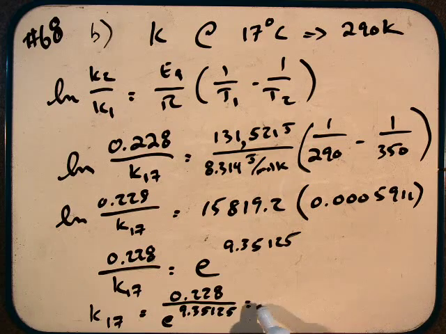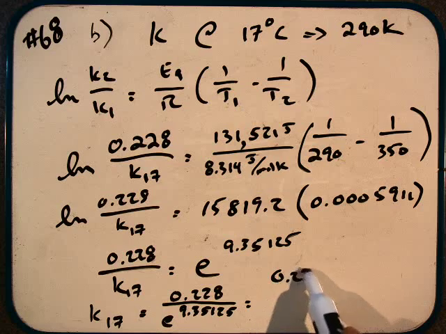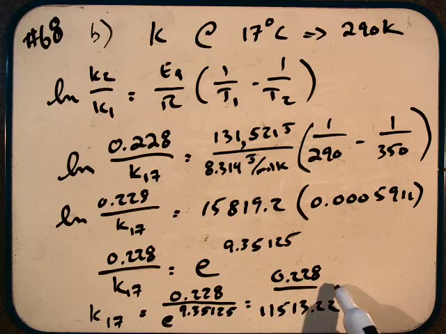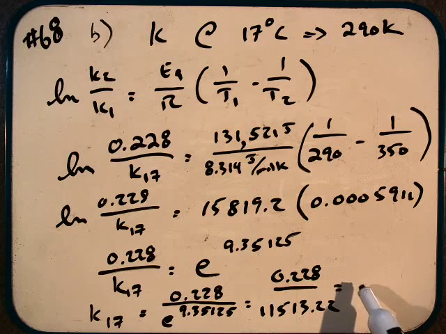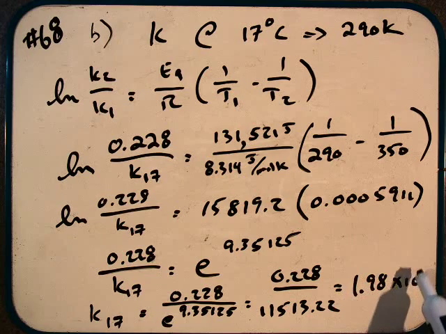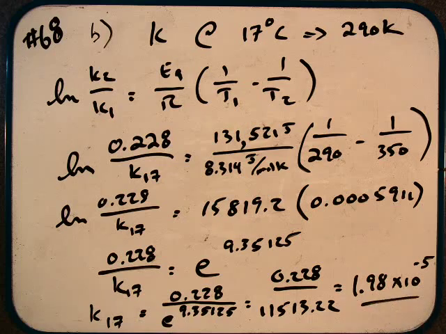And so that's going to equal 0.228 over 11,513.22, which equals then our rate constant, 1.98 times 10 to the negative fifth. And that would be our rate constant for the reaction at 17 degrees Celsius, or 290 Kelvin.